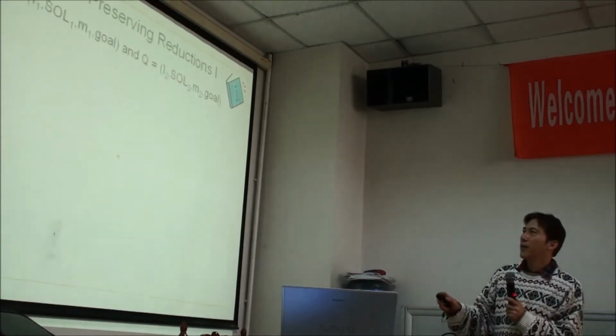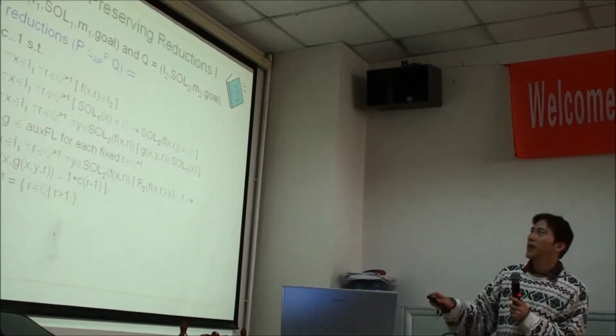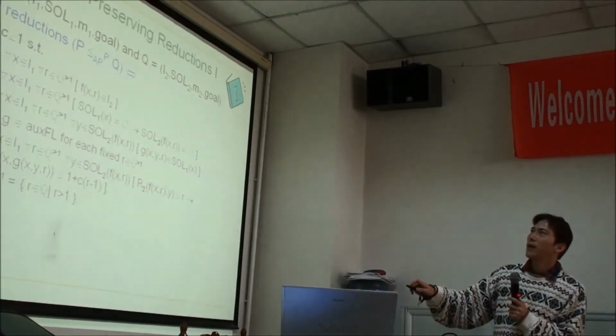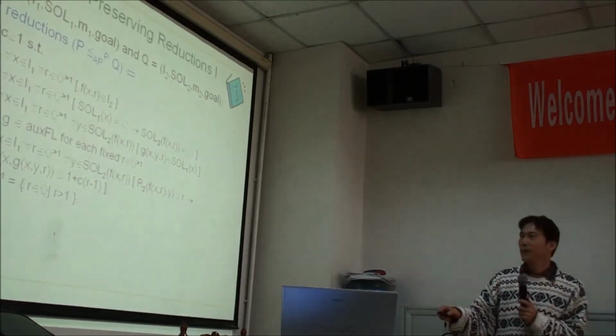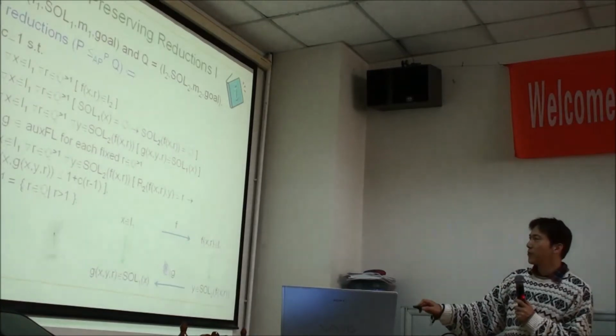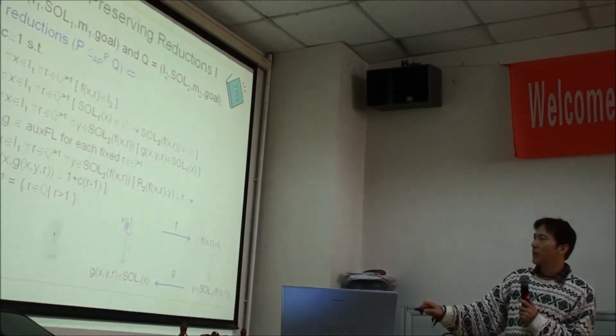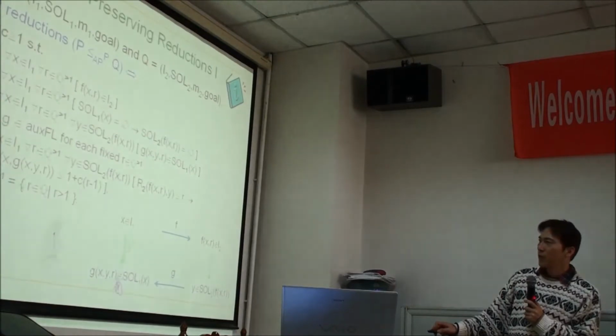I will quickly show the definition of the reduction. This is the polynomial time approximation preserving reduction, the so-called AP reduction. A reduction consists of two functions. The first function maps an instance to another instance, and the second function maps a solution to another solution.